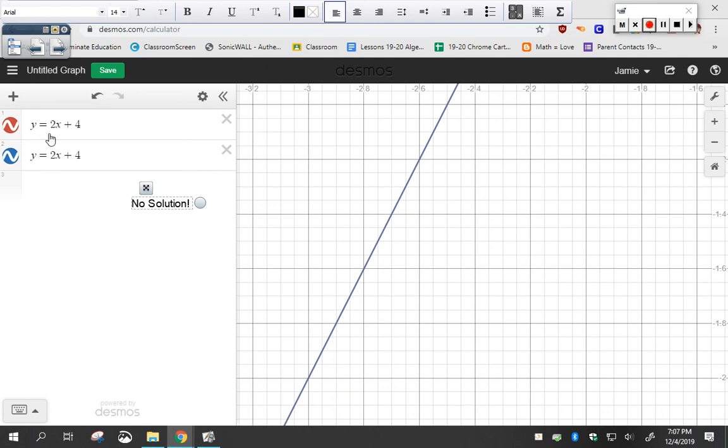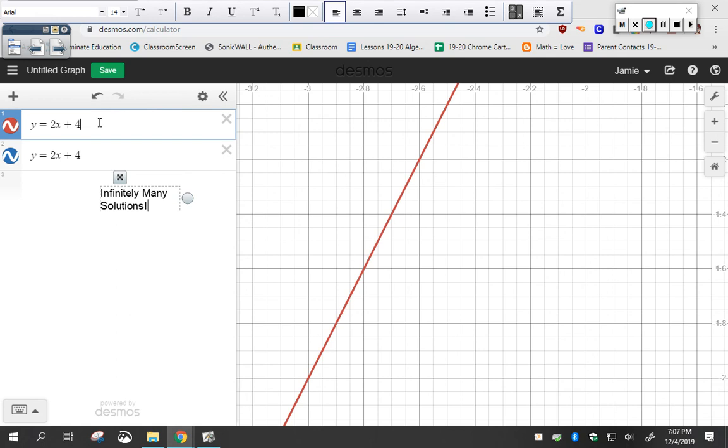So if you have the same slope and the same y-intercept, that is infinitely many solutions, because it's the same line. So if I'm looking for the intersection, that would be every point because they're on top of each other. Every single point is its own intersection.